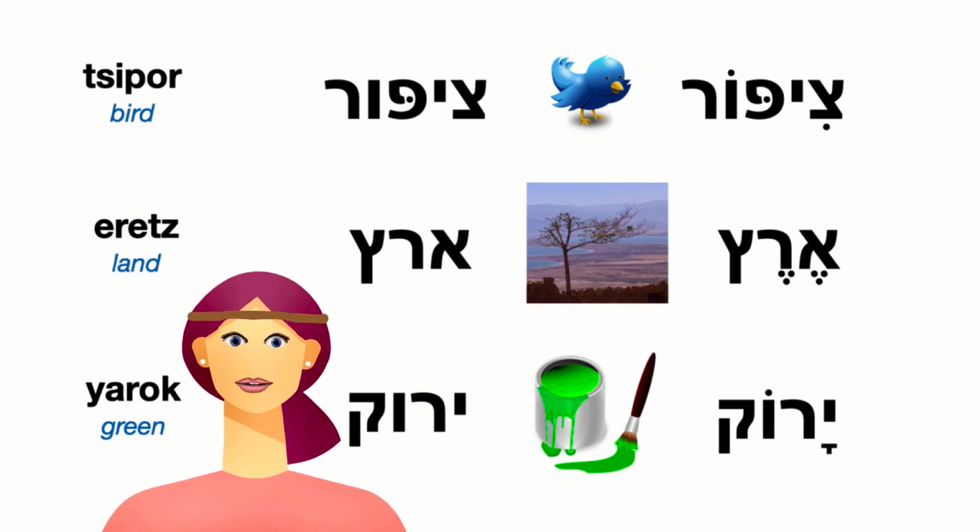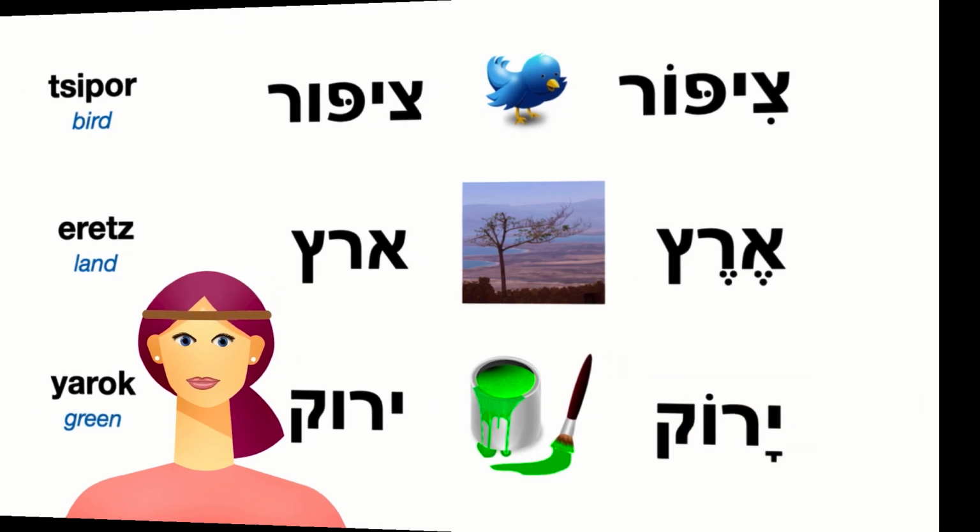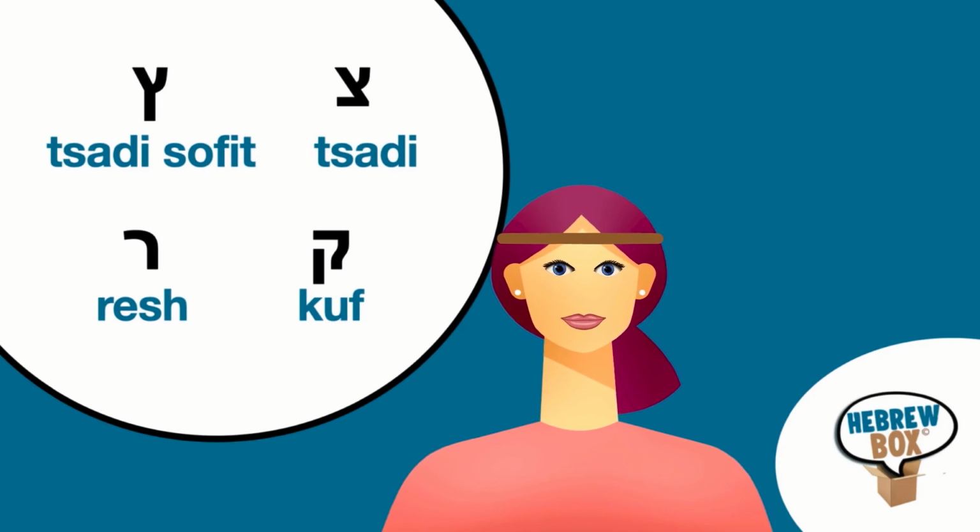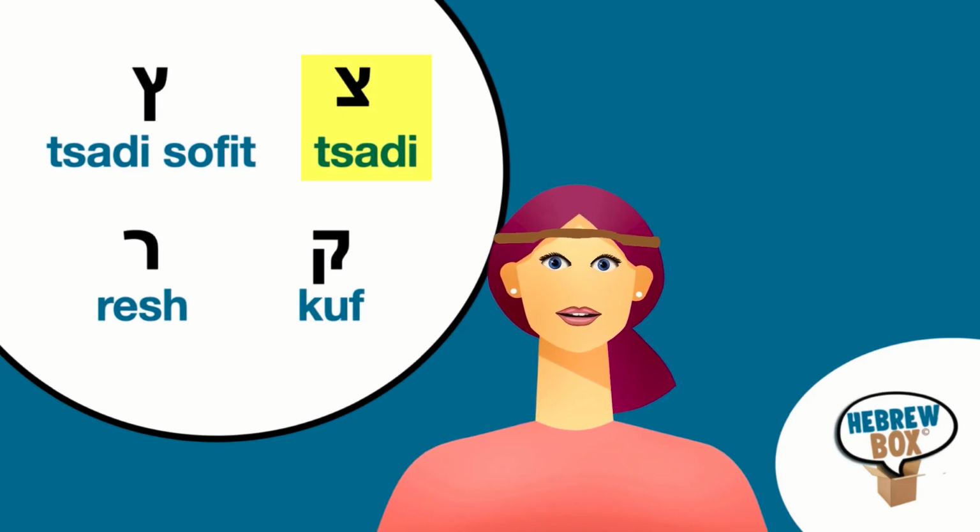Now, let's say these words: ציפור, ארץ, ירוק. So, please remember these letters: tzadi, and its end form, tzadi soffit, and also kuf, and resh. In the next video, we'll see the final letters of the Hebrew alphabet.